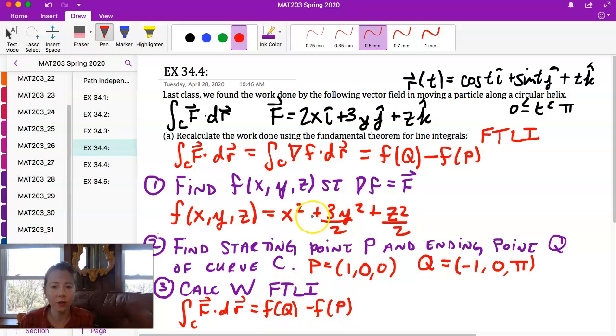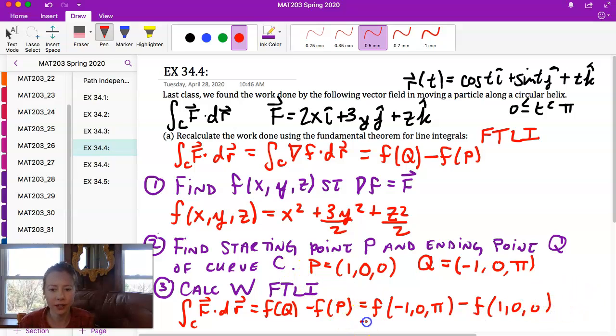And this f, of course, is our potential function. And so for us, it's going to be f at -1, 0, pi minus f at 1, 0, 0.